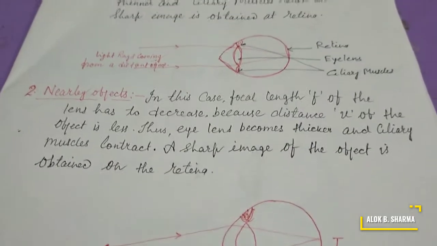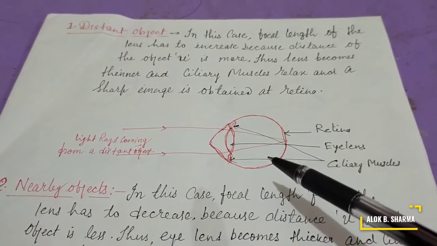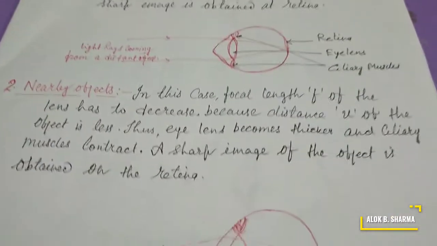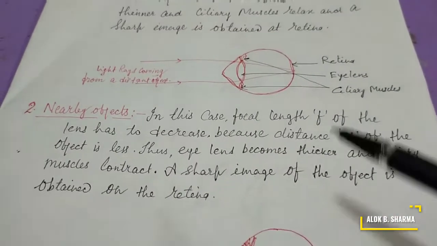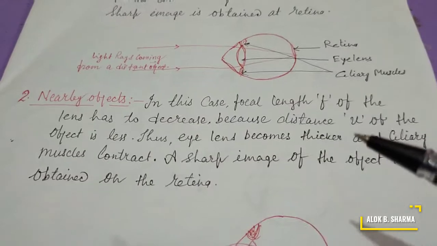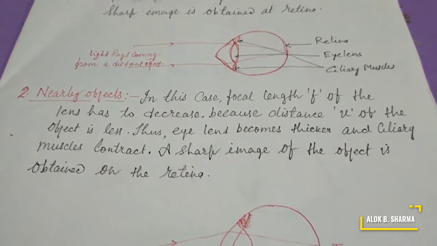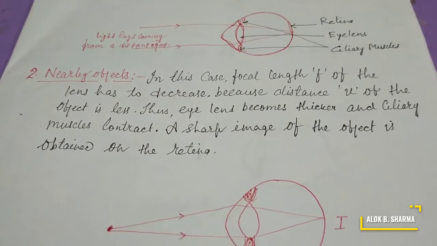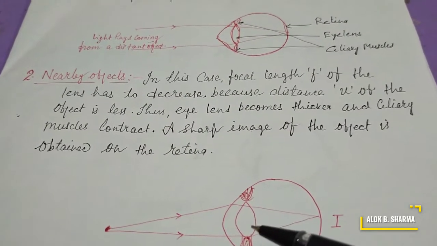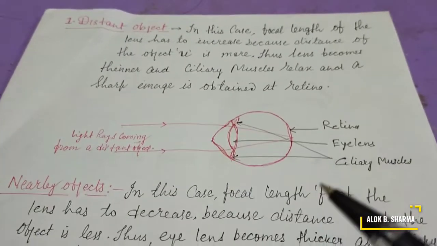So sometimes the eye lens increases its focal length to see a far off object, and sometimes the lens decreases its focal length to see a nearby object. This decreasing and increasing of focal length is done by the eye itself with the help of ciliary muscles. Remember, with the help of ciliary muscles, the eye lens sometimes becomes thinner and sometimes thicker.